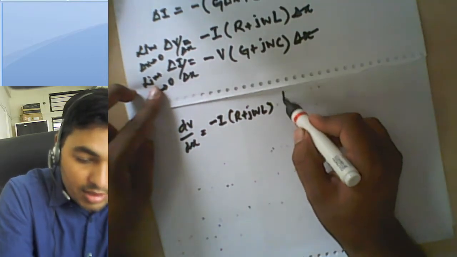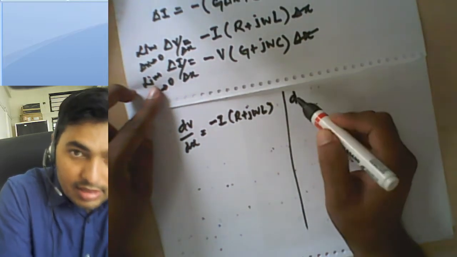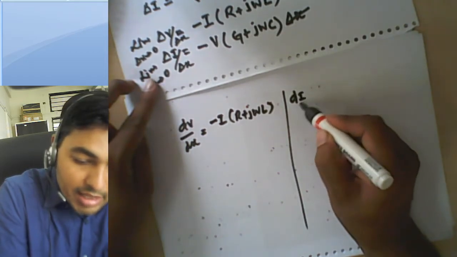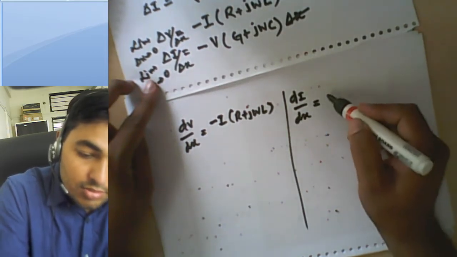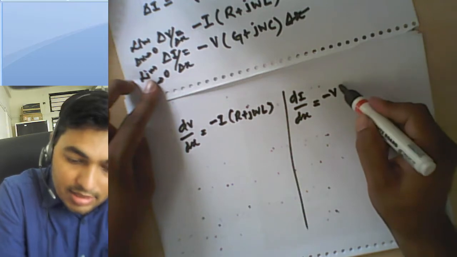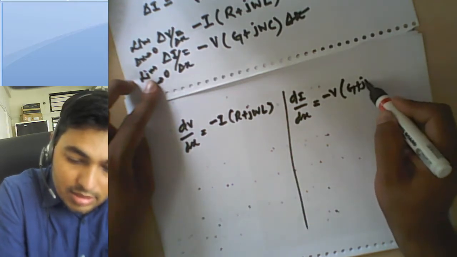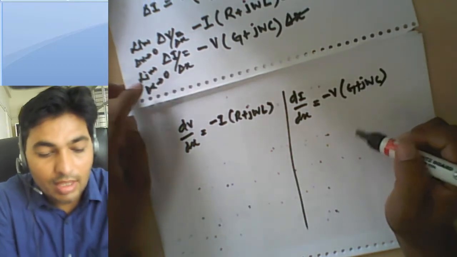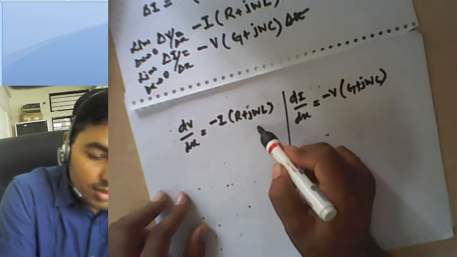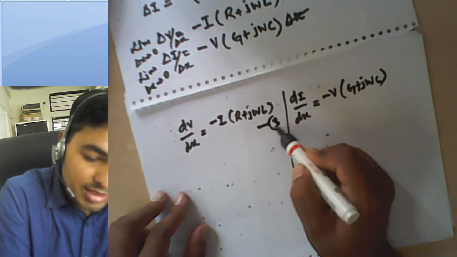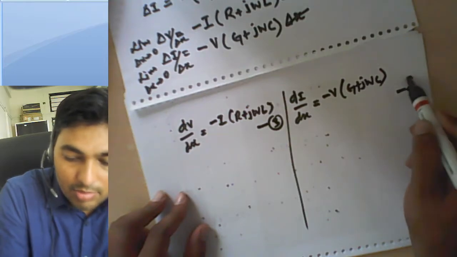Similarly for current we'll write dI by dx is equal to minus V (G plus j omega C). So these are our two equations. Let us take this as equation number 3 and this as equation number 4.